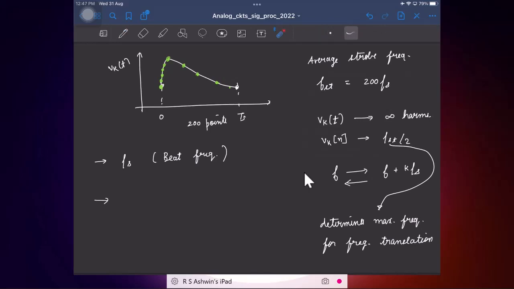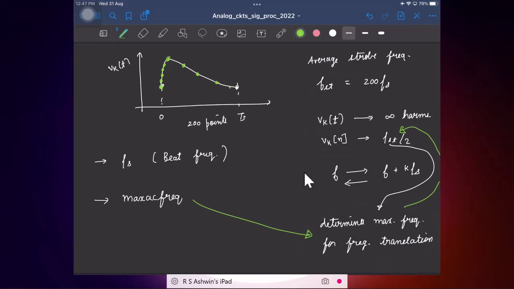I want to find the frequency translation from, say, some frequency to some other frequency. So this seems to be more relevant information for us, right? And that's what we usually specify through a parameter called max AC frequency. This sets the maximum frequency for frequency translation, and this will in turn determine the strobe period.